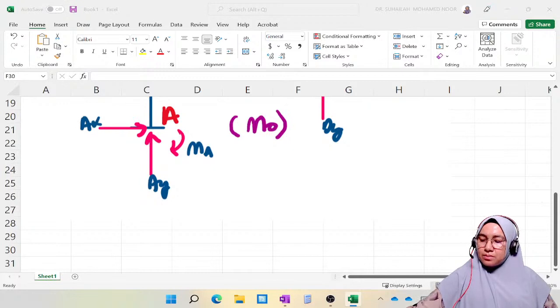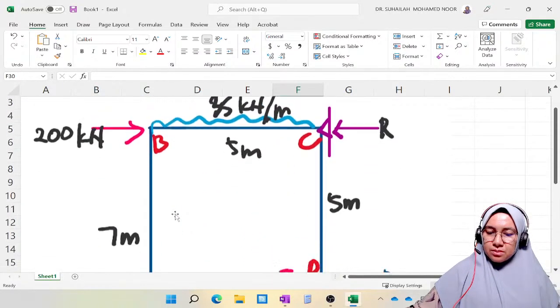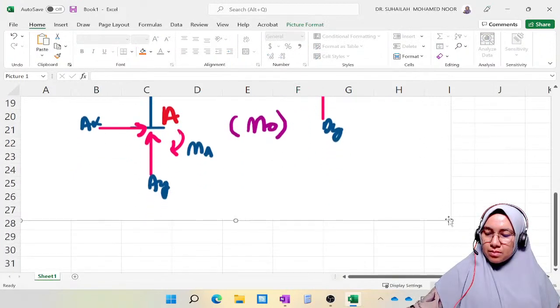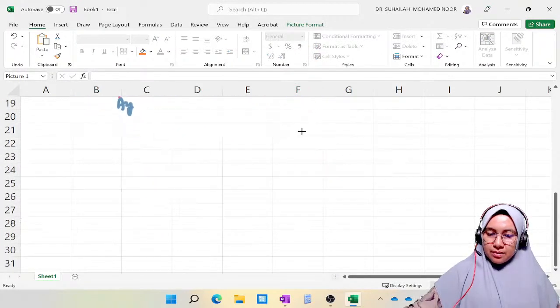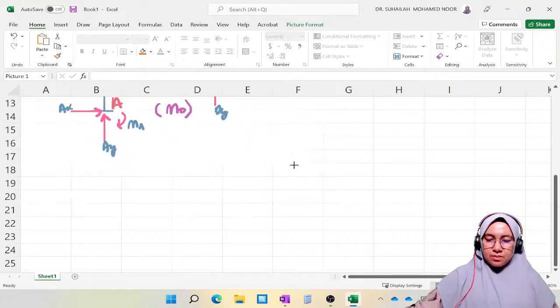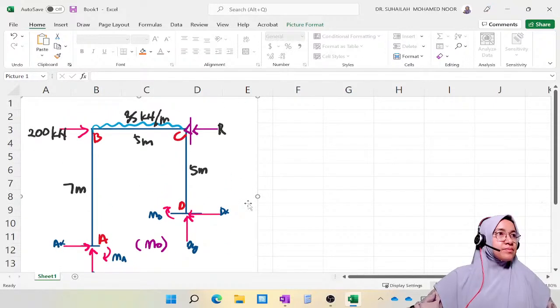I need to reduce this. This is the frame that we are going to analyze for table number 1.